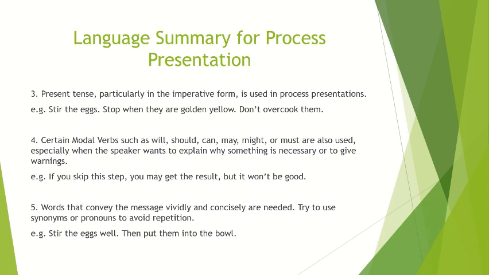Number four, certain modal verbs such as will, should, can, may, might, or must are also used, especially when the speaker wants to explain why something is necessary or to give warnings. For example, if you skip this step, you may get the result, but it won't be good.